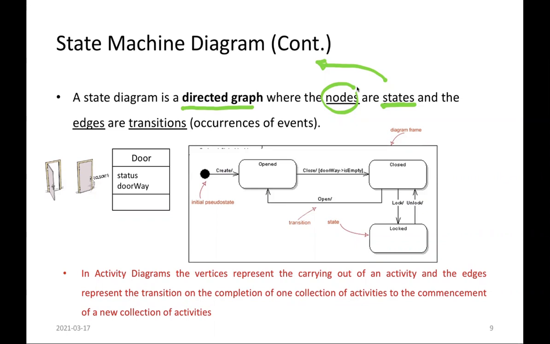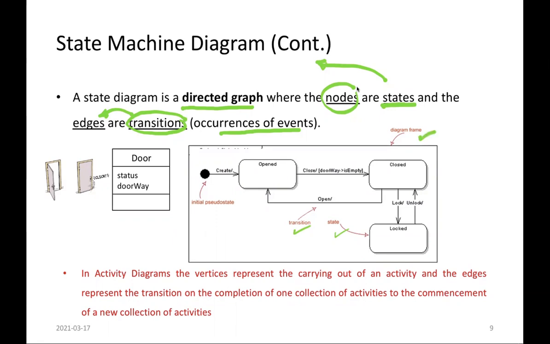In state machine diagrams, we use states to represent nodes, and we use transitions to represent the edges. Transitions are the occurrences of events that cause the action of movement between different states. In the following graph, you can see an example of a state machine diagram where we have nodes, or states. We have transitions between states, and we can even define the boundary of the diagram, which we call the diagram frame.